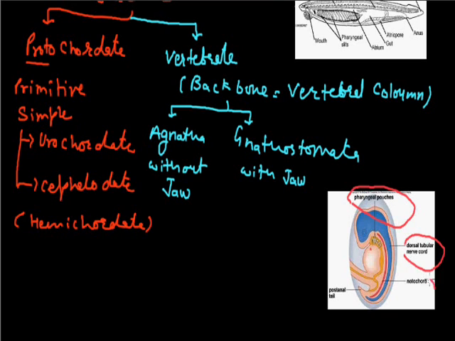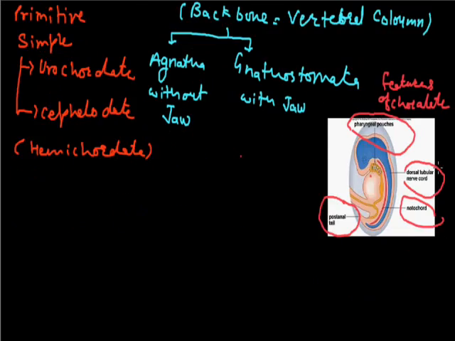This is the notochord, and this is the post-anal tail. These are the features of chordates. If these features are present, we call them chordates. If the features are absent, we call them non-chordates.